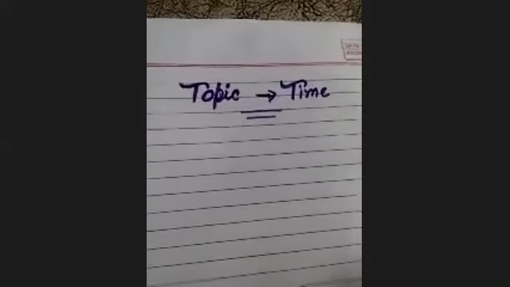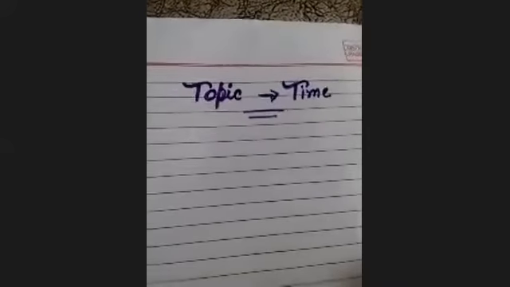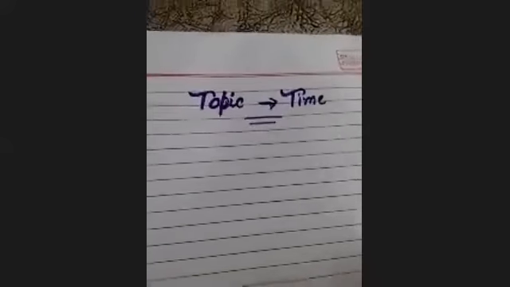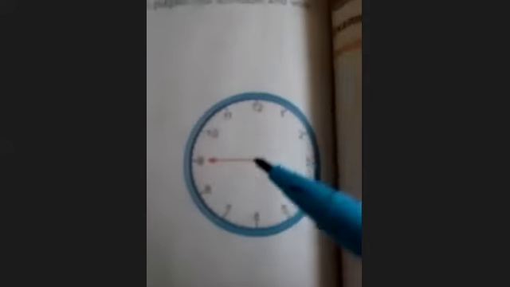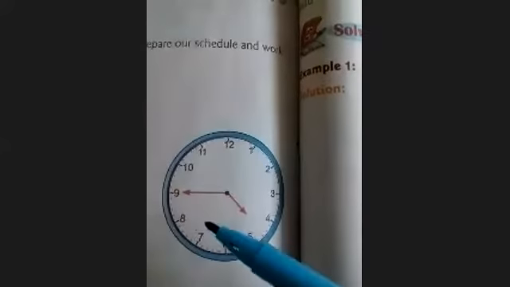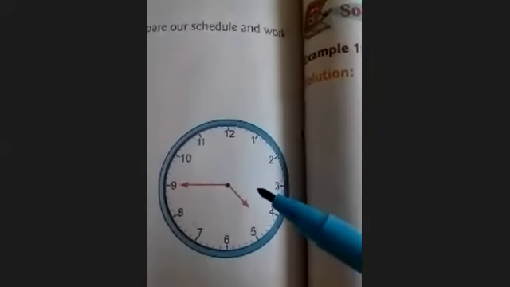Now we will discuss a few facts about a clock or a watch. The front part is the face of a clock or a watch.